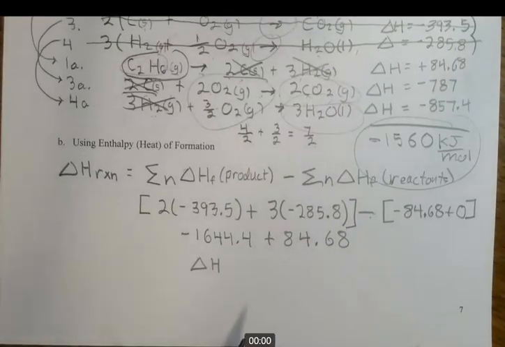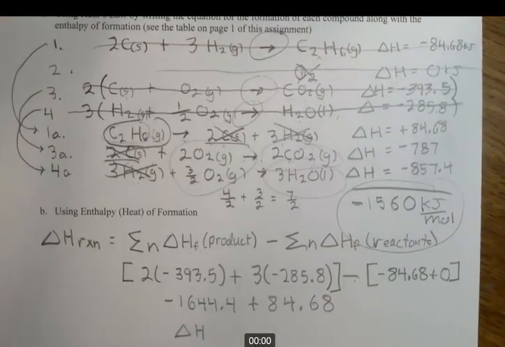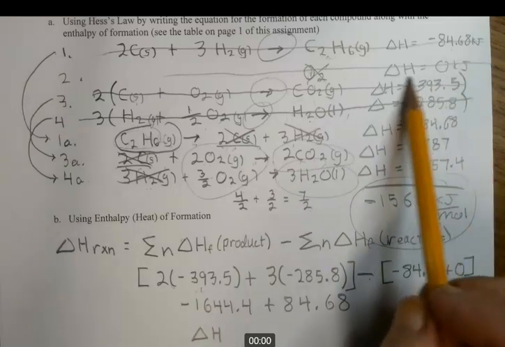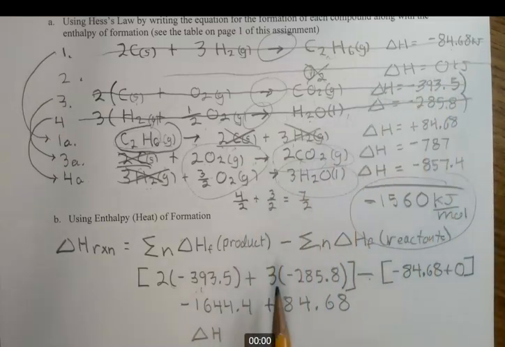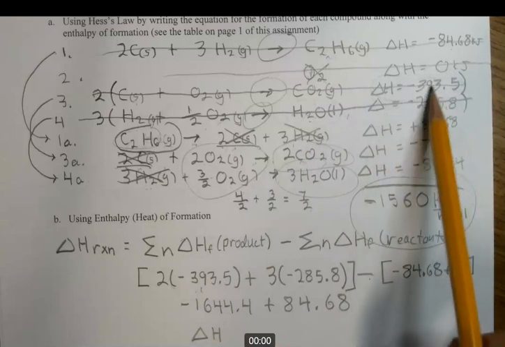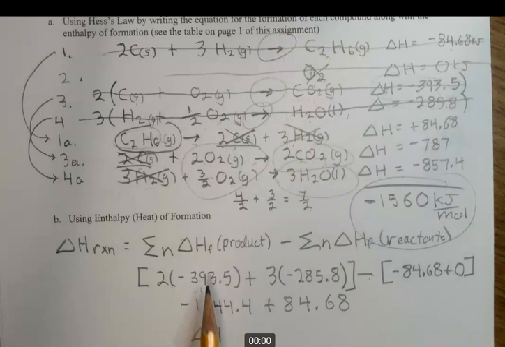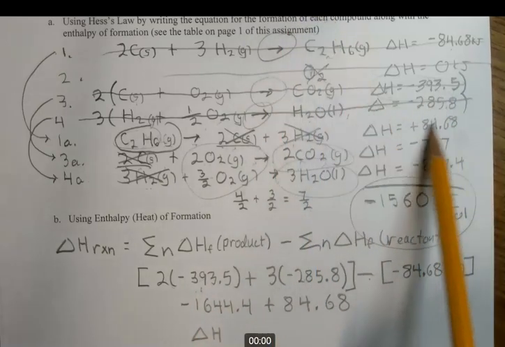Anyway, why don't you take a second and look at that, where I got those numbers. Let me just say them again. So we have the delta H of CO2, and we had it up there before we crossed it out. It's on the front of your sheet anyway, on the front page. And we have 2 moles of that. Then we have 3 moles of water, so it's 3 times the delta H for water.